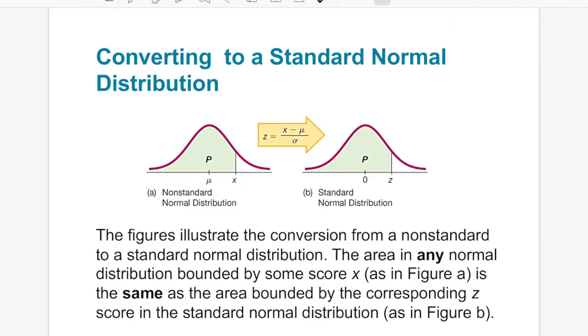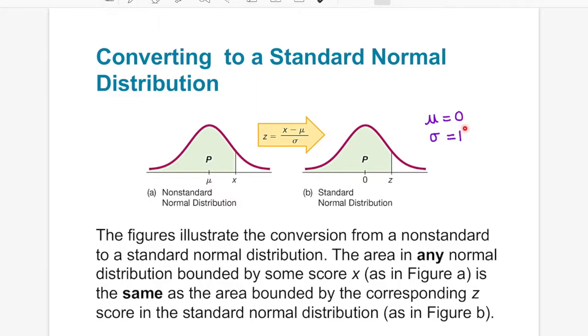In the previous section, we learned about the standard normal distribution, where my horizontal scale represents the z-score, with mean equal to 0 and standard deviation equal to 1. While in a non-standard normal distribution, the horizontal scale represents x, and the mean and standard deviation can be any number.